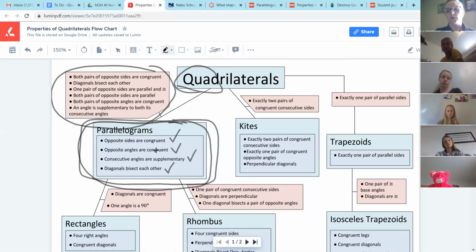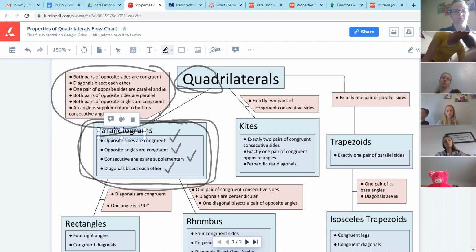So if you had a shape and both pairs of the opposite sides were congruent, then you could say that's definitely a parallelogram. If you knew that both diagonals bisected each other, if that's all you knew about the shape is that it had 4 sides and that both diagonals bisected each other, then you could say it's a parallelogram.